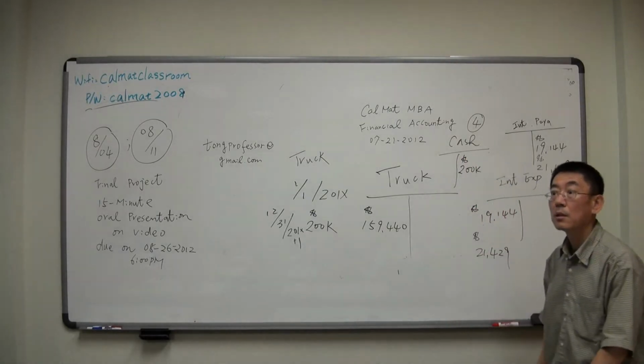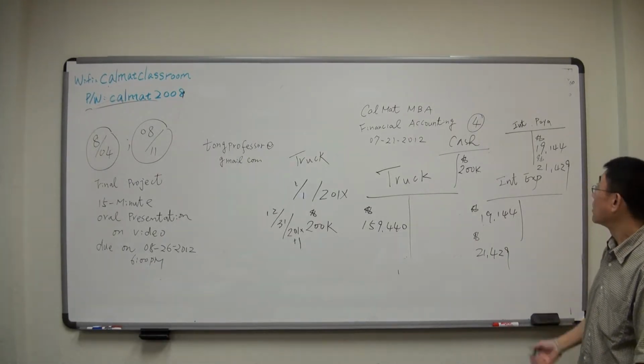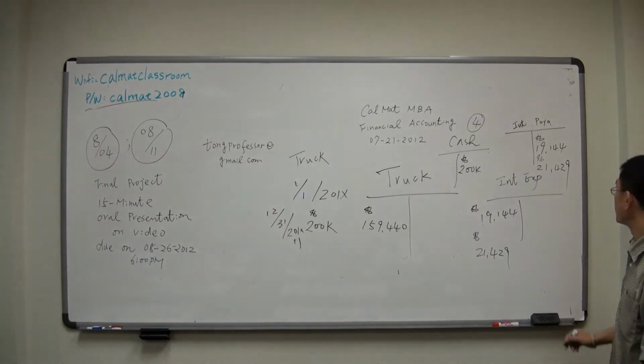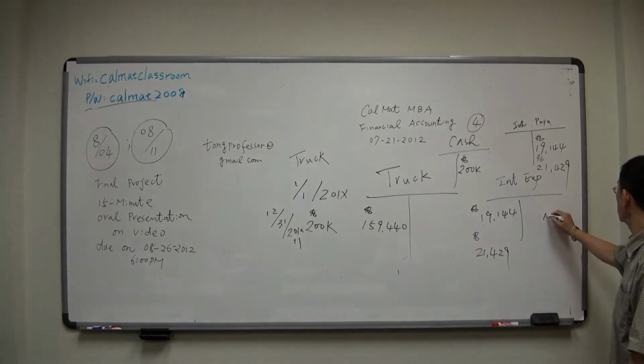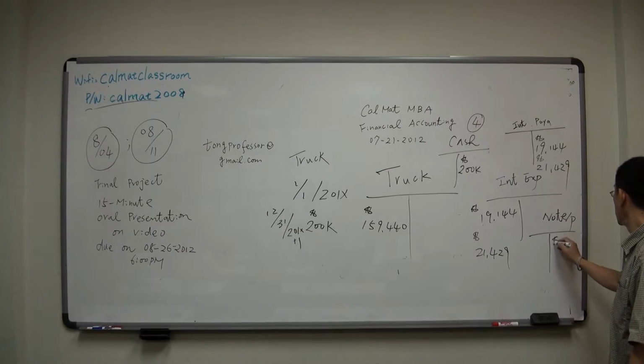All right, no problem, right? What about the other one? Interest payable. Notes payable. It was 159,440.